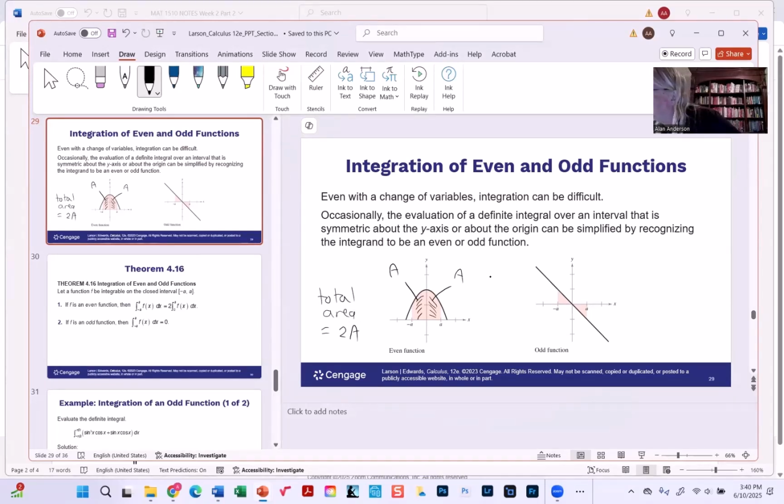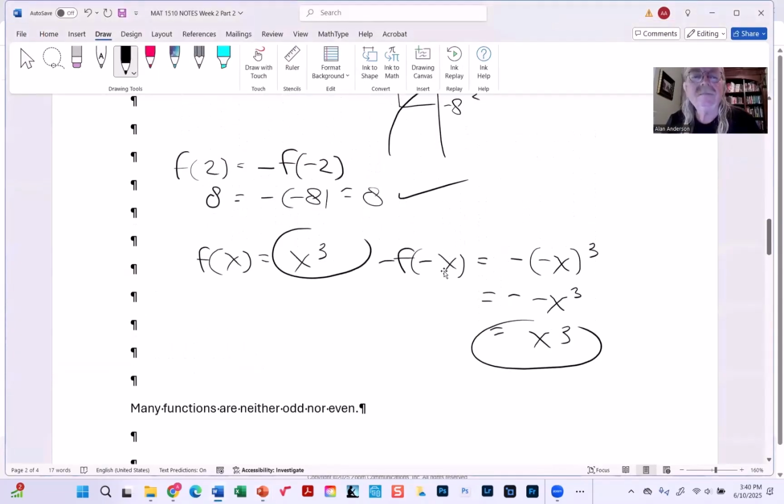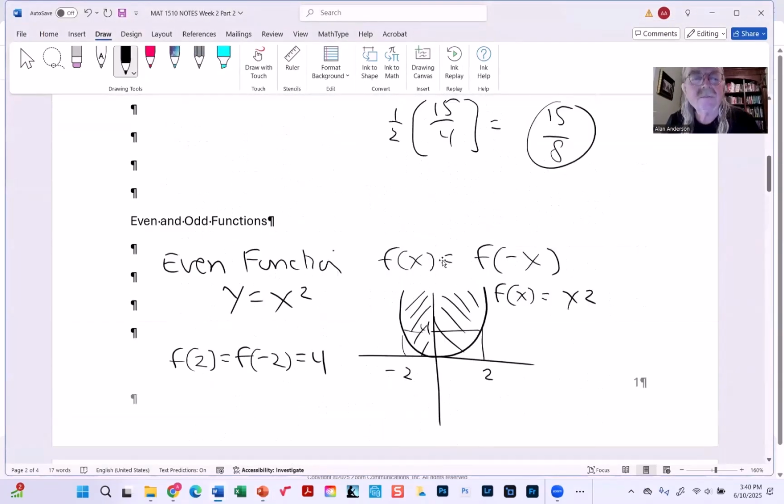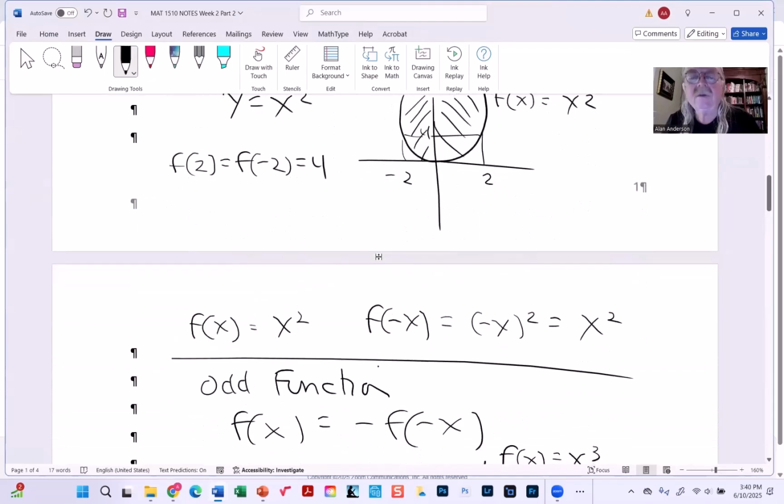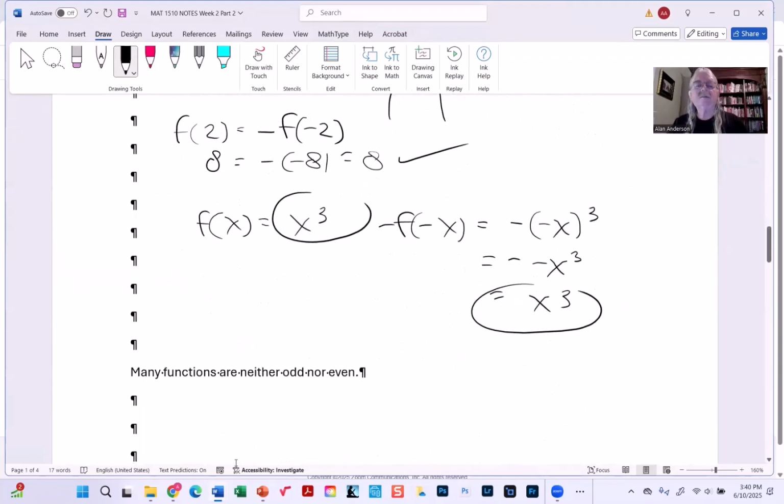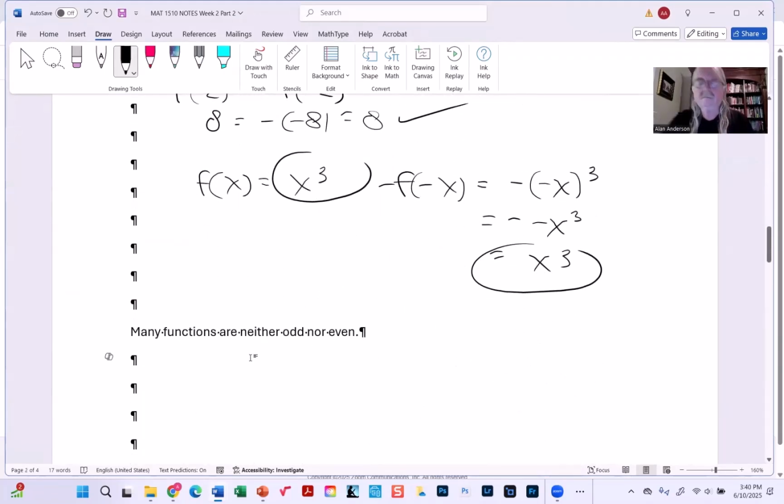Now over here, I forgot to mention one more thing about odd functions. I'll summarize this at the bottom. With an even function, the graph is symmetrical with respect to the vertical axis, or the y-axis.